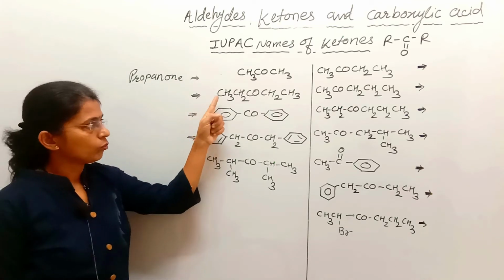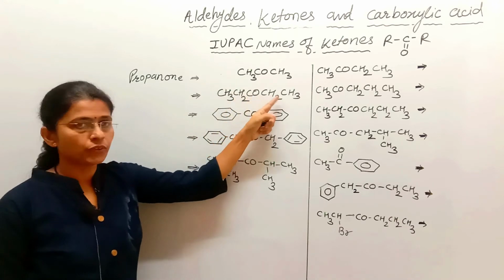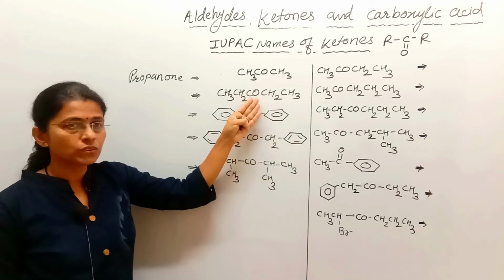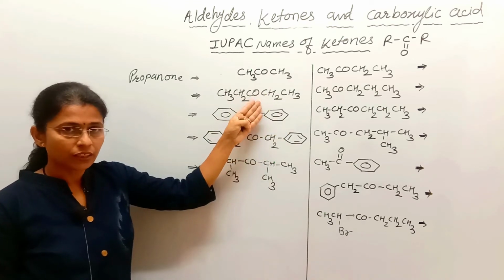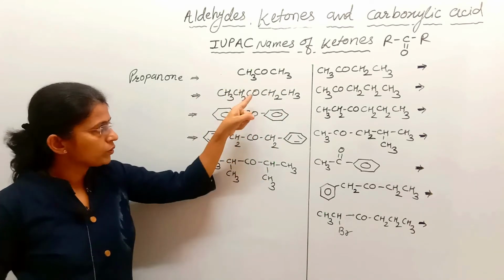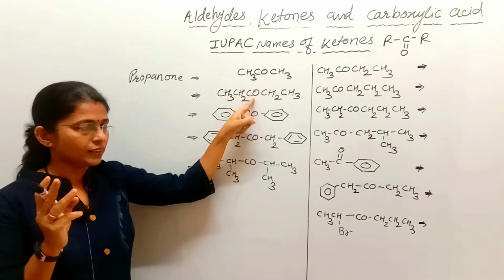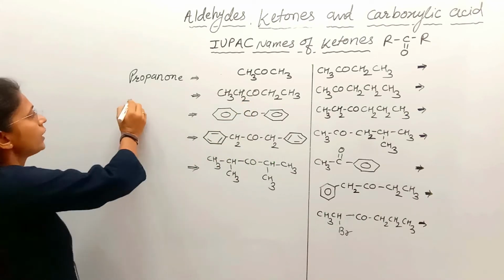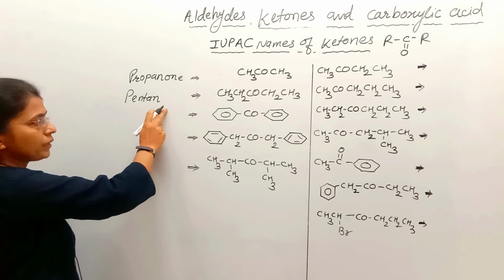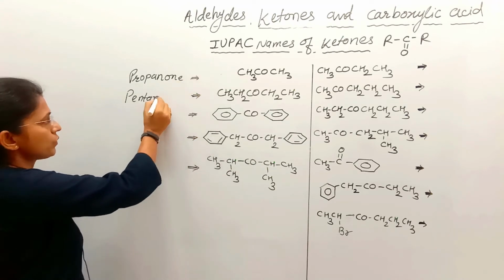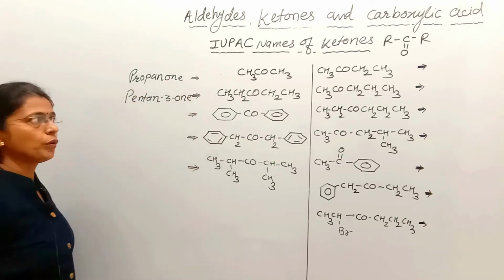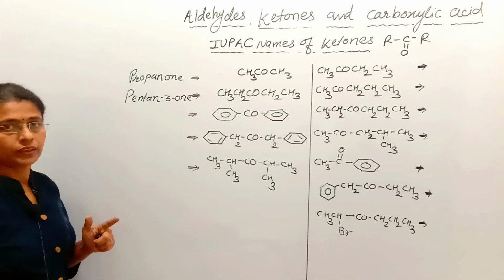See second, 1, 2, 3, 4, 5: 5 carbons. From this side also CO at third position, from this side also CO at third position. That's why you may number from any side. Total carbons are 5, position of CO third. That's why the name of the parent alkane is pentane. E replaced by ONE with the position of CO. So 3 ONE. Pentane 3 ONE.